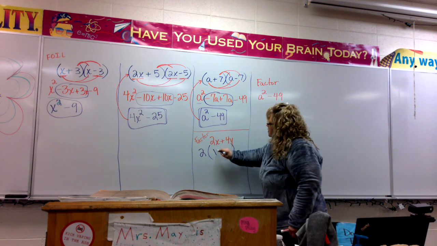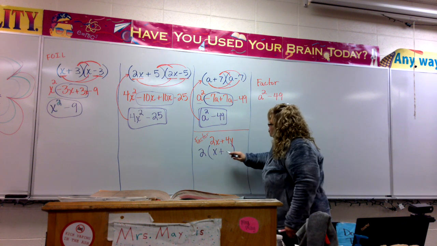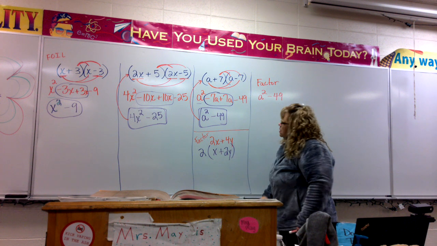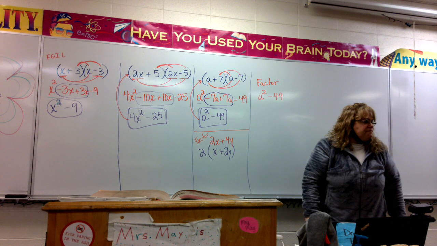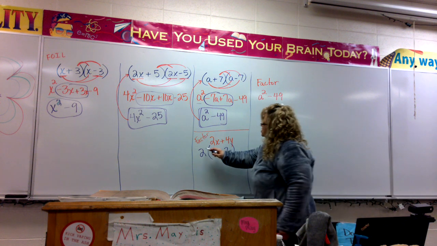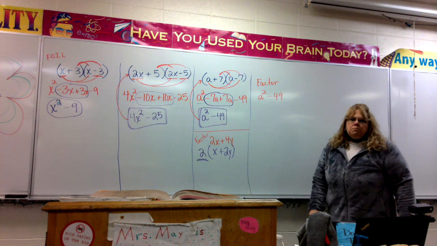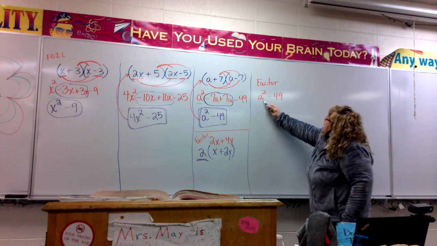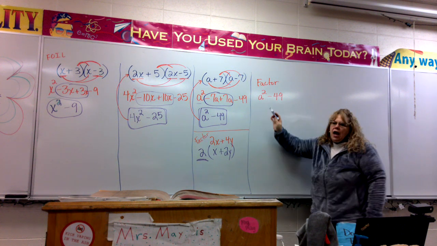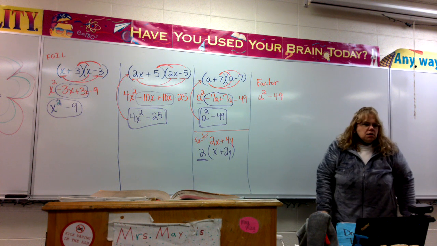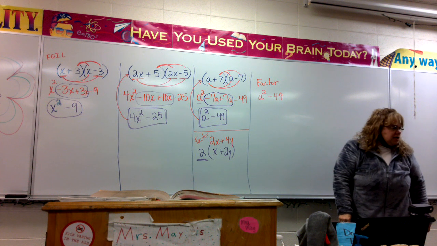Plus 2 times what is 4? 2y. So that's one way of factoring, by looking to see what's in common and taking that out. But if I ask you to factor this and you try to look for something in common here, guess what? There isn't anything in common, is there?